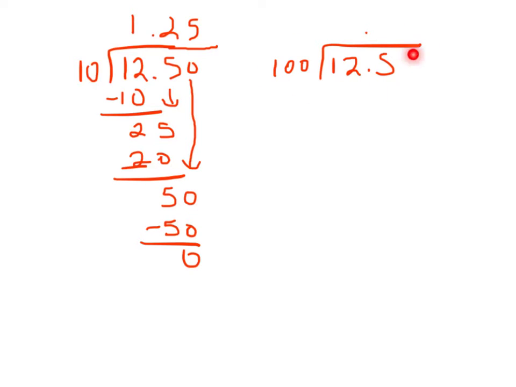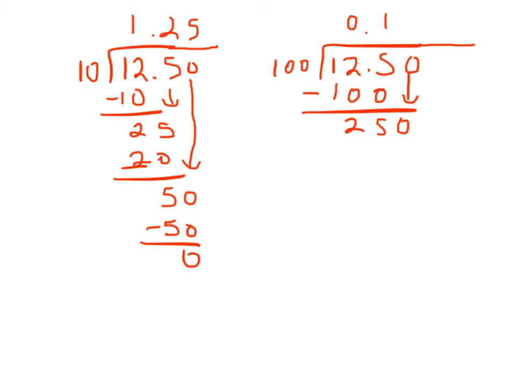Let's go over to this problem over here, and let's do the same thing, and what we'll see again is the same 3 digits will be up here. We'll just have adjusted where the decimal is. So 100 does not go into 1, it does not go into 12, so we'll put a 0 there, but it goes into 125 one time. We subtract, that'll be 25. I'm going to have to add a 0 here to bring down.